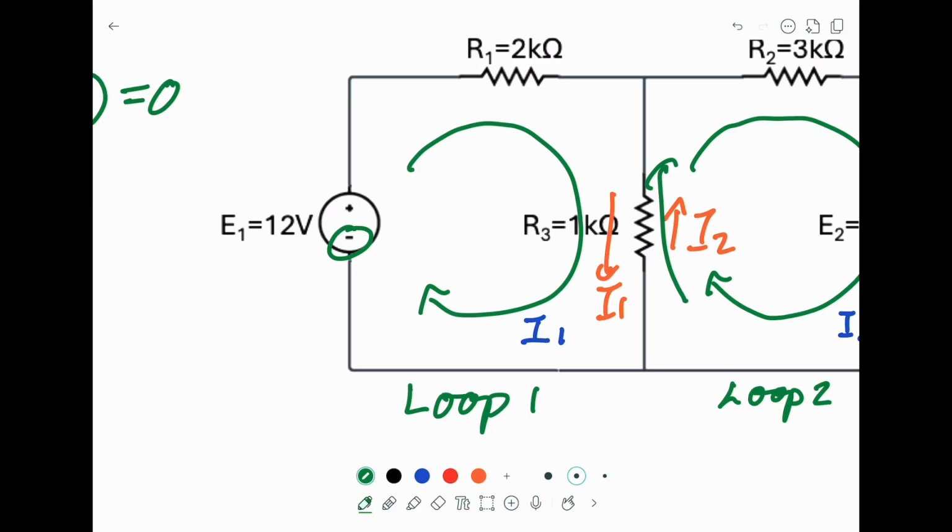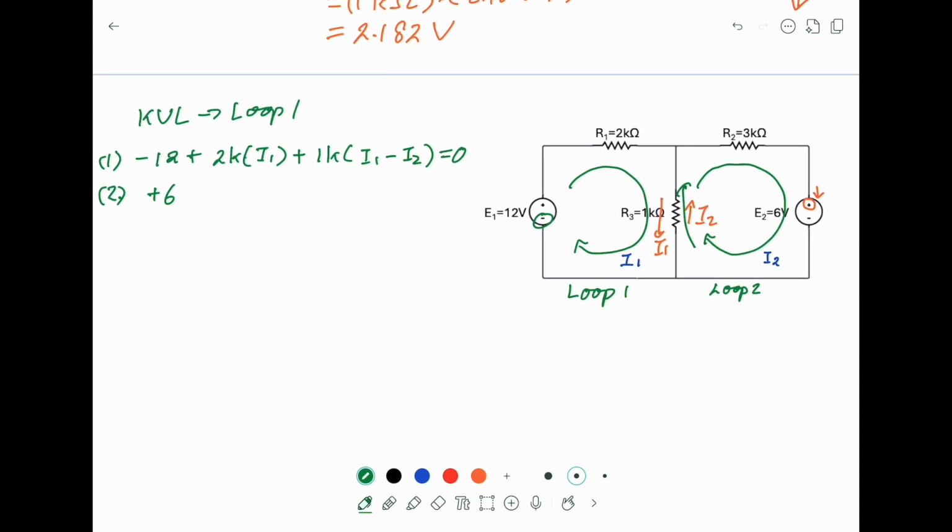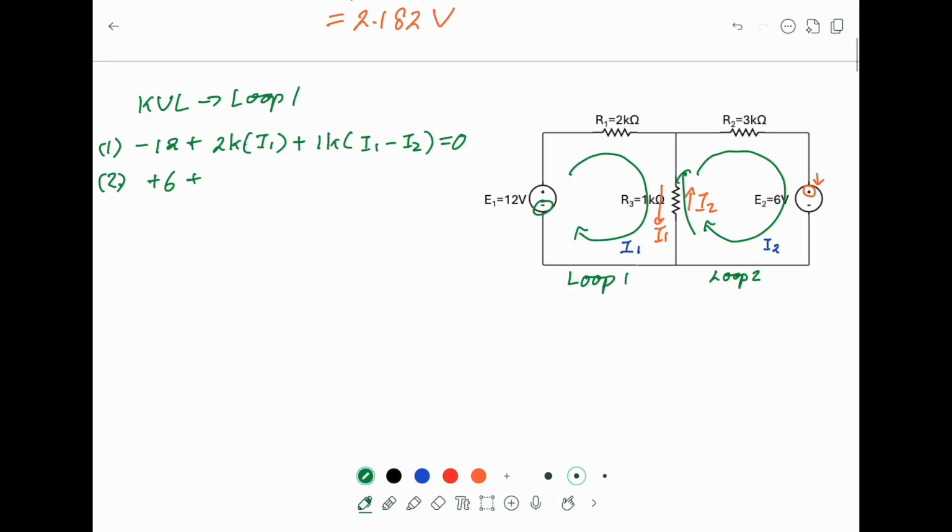So in this case, when we analyze loop 2, we have to assume I2 bigger than I1. So plus 1K times I2 minus I1, plus 3K I2. So this is equation 2.